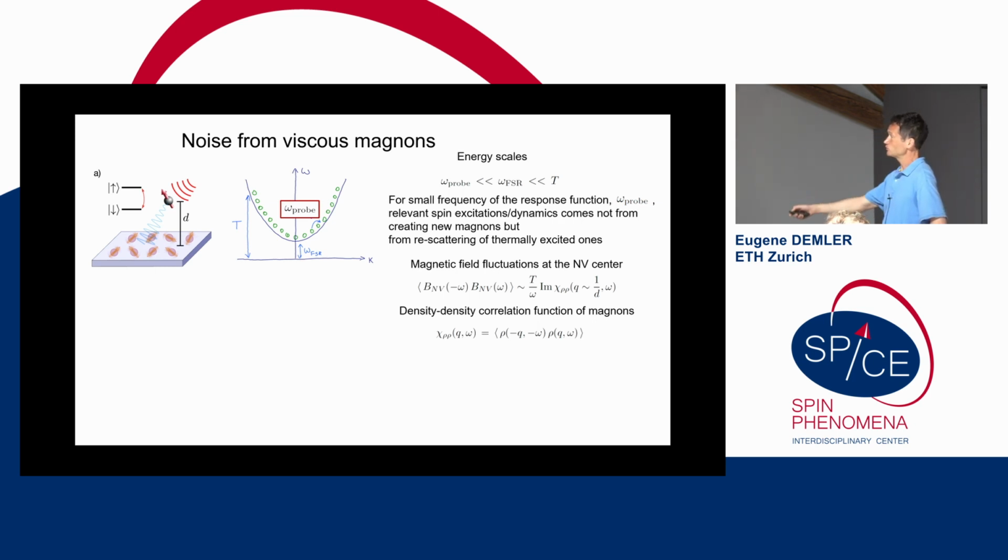But then, as we said, when we're interested in T2 spectroscopy, we're interested in response at very small frequency. In fact, this frequency is typically much smaller than the energy required to create a quasi-particle. Therefore, if we want to probe fluctuations at small frequency, we're not describing processes where a new magnon gets generated, but rather when a thermally excited magnon gets scattered.